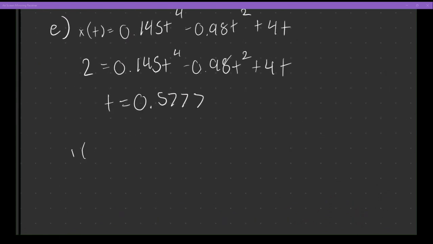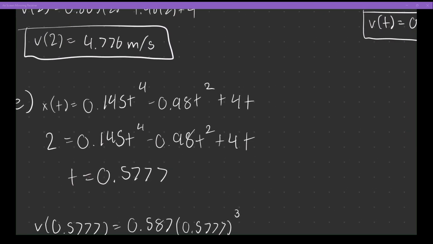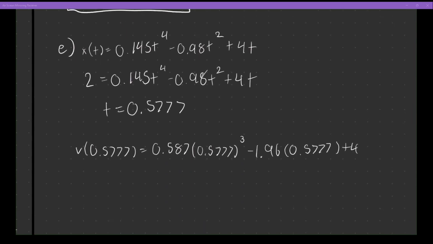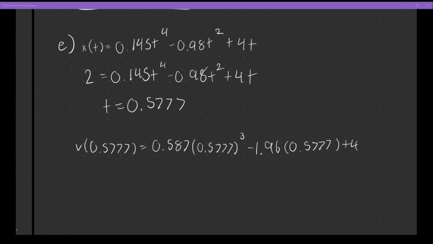V at 0.5777 is just equal to 0.587 times 0.5777 cubed minus 1.96 times 0.5777 plus 4.